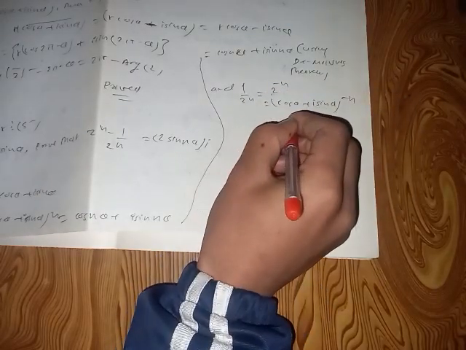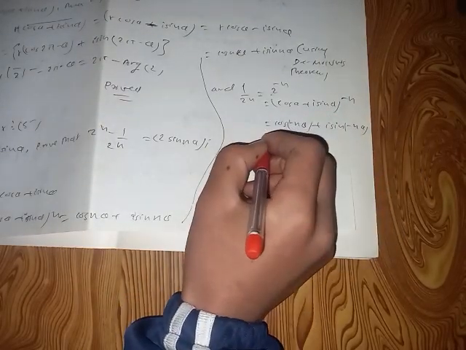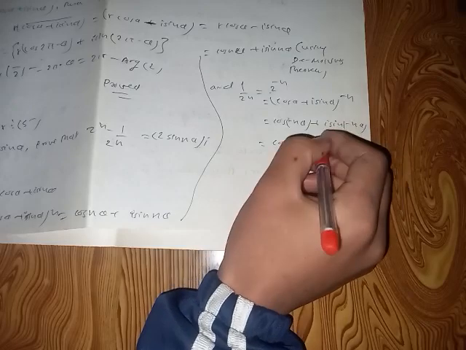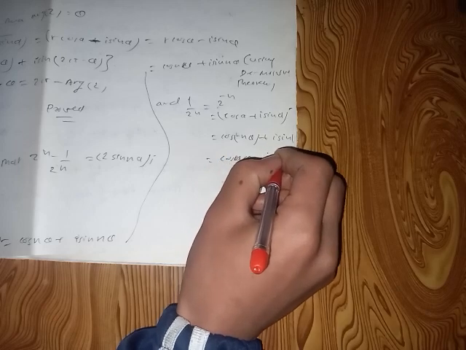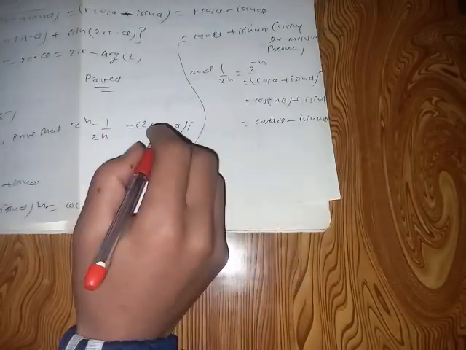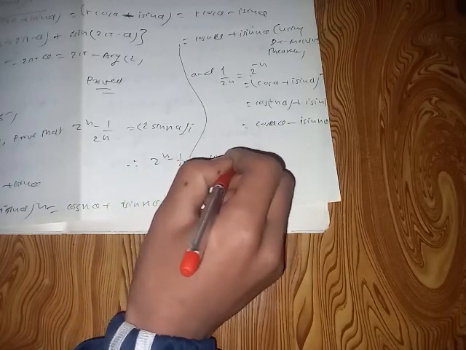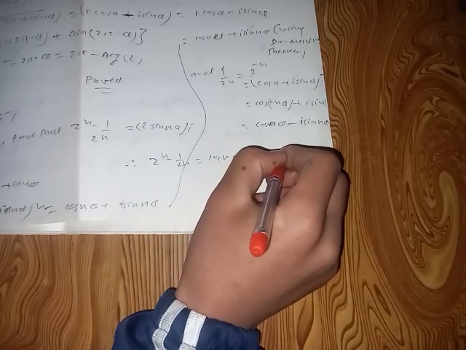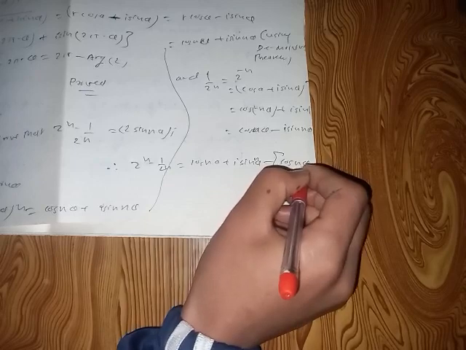We know the formula z is equal to cos θ plus i sin θ, and z^n is equal to (cos θ plus i sin θ)^n, which is cos nθ plus i sin nθ, using De Moivre's theorem.